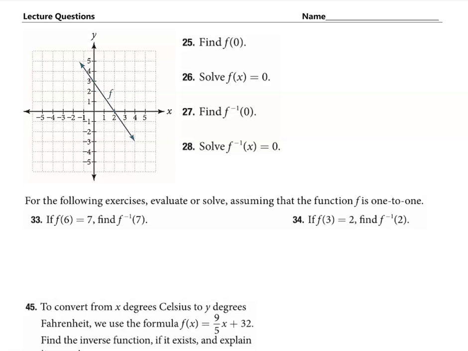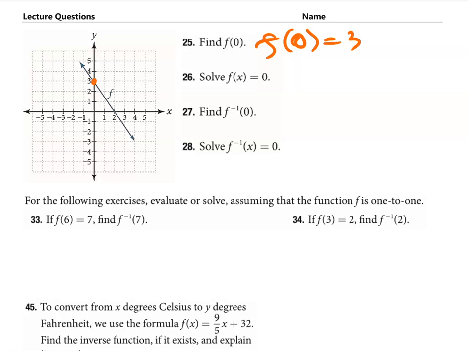Given a graph, you're going to evaluate this. Find f of 0. F of 0 is this, so this is equal to 3. Solve f of x equal to 0.